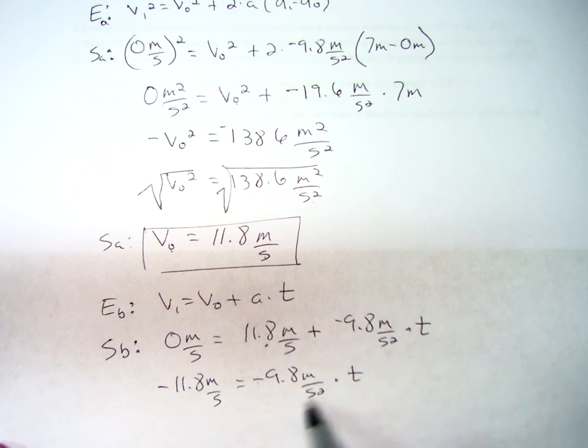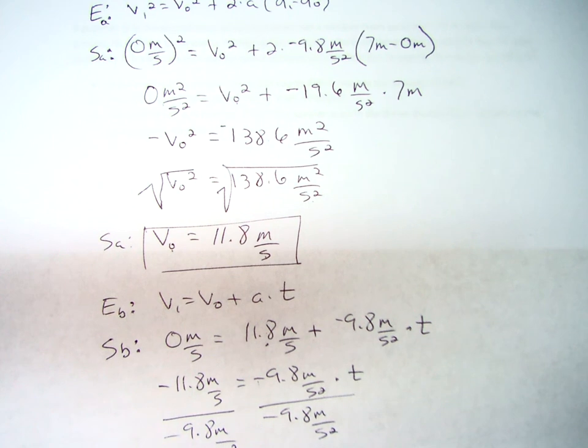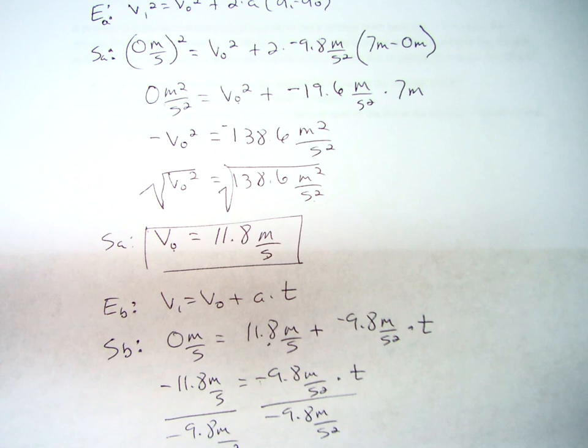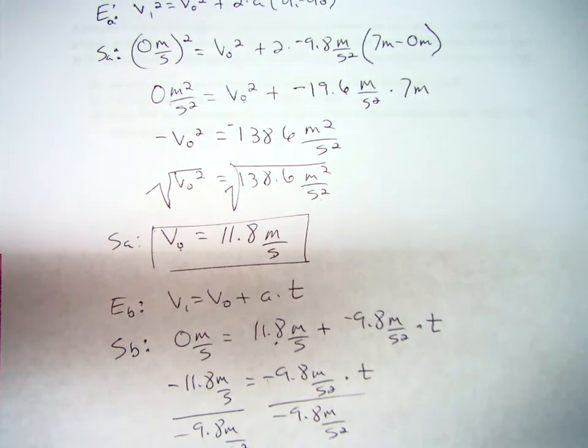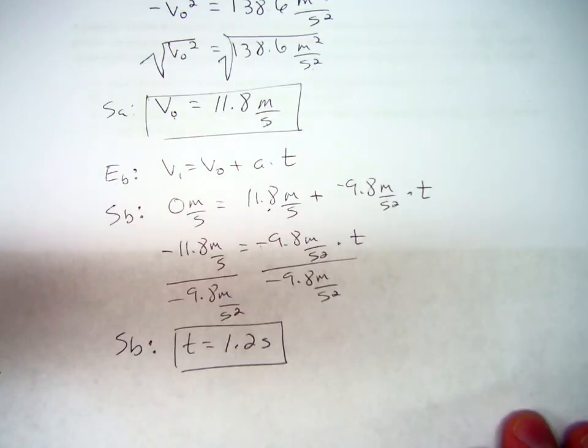And then I'm going to divide both sides by negative 9.8. And my solution, time, is equal to 1.2 seconds. I didn't show that on the screen.